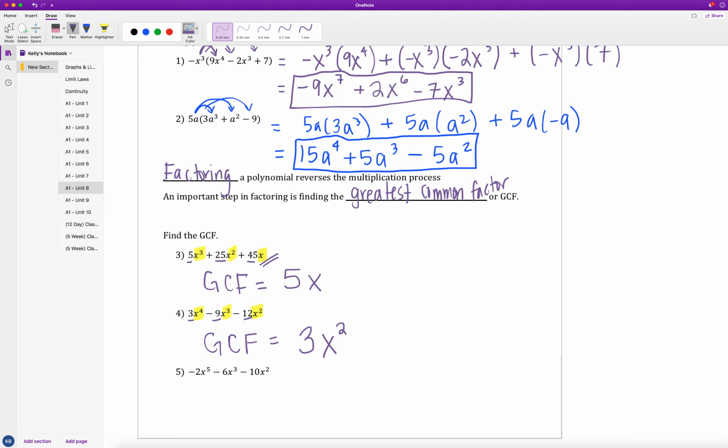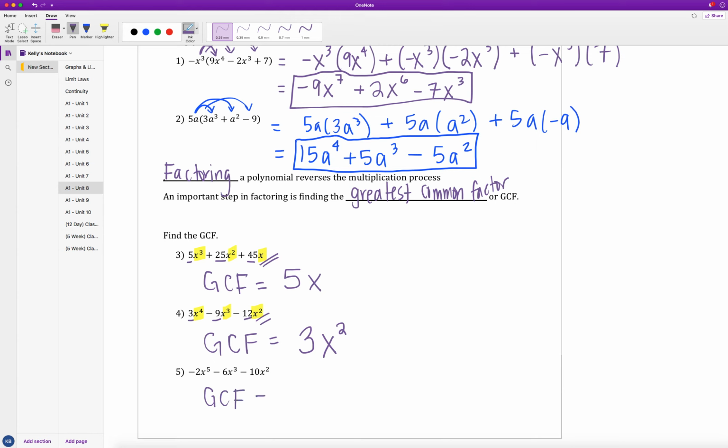I can't go higher than that since x to the second is already my smallest power that I'm starting with. In our fourth example, we also had some negative signs, which we would want to factor out if they all had a negative in common, because we want to make our leading term always positive. But because the 3x to the fourth is positive, then I don't need to factor out a negative.